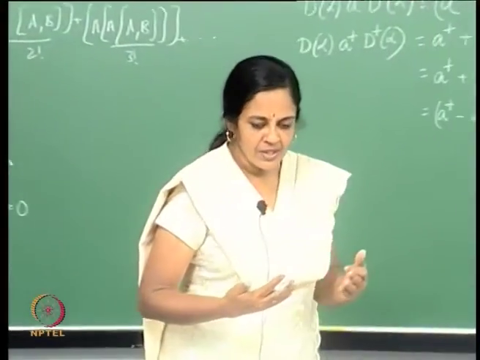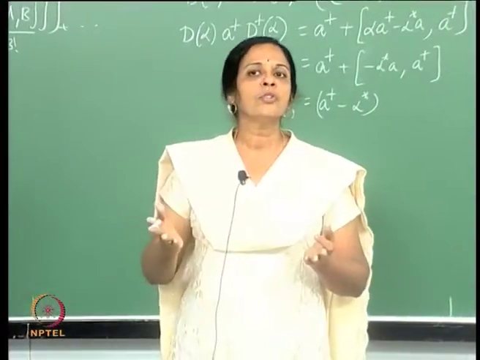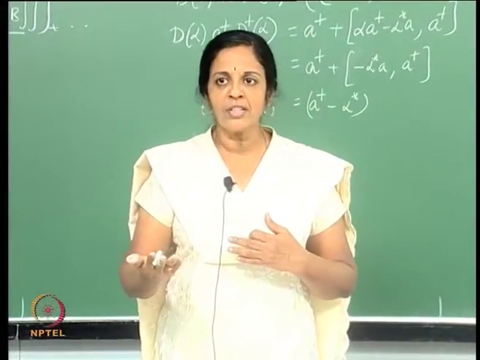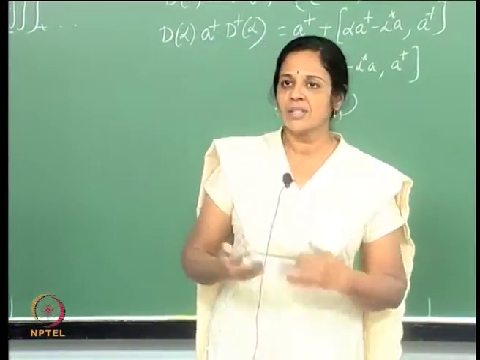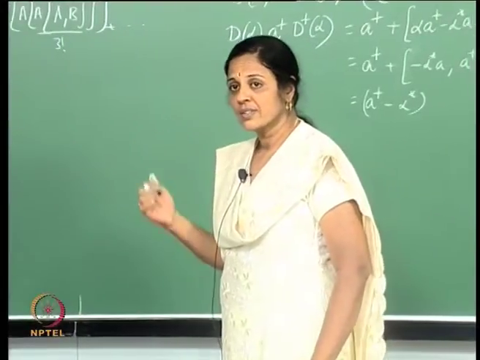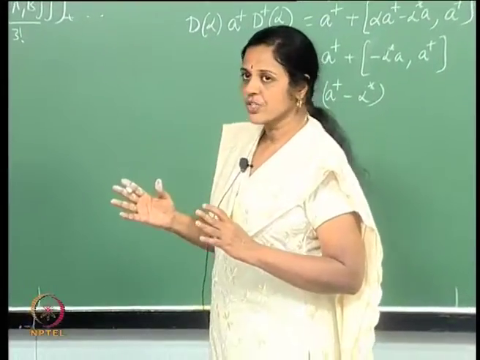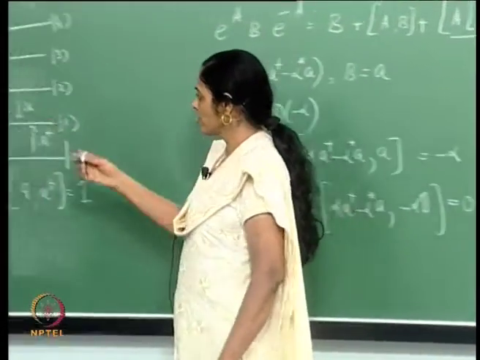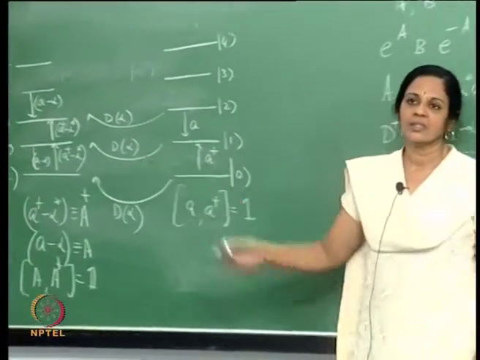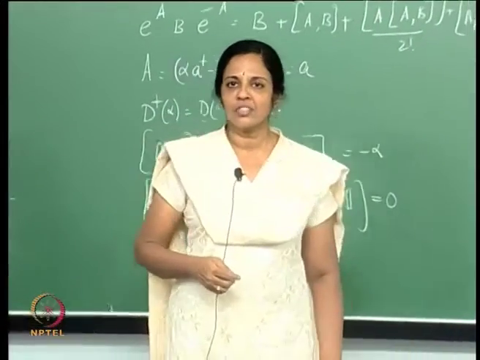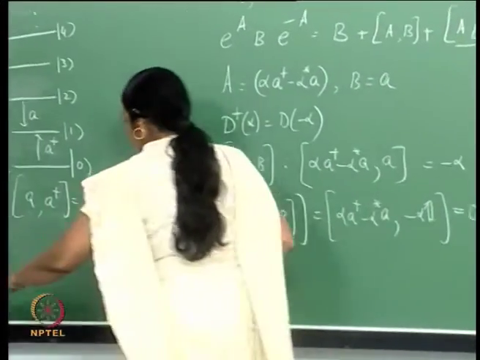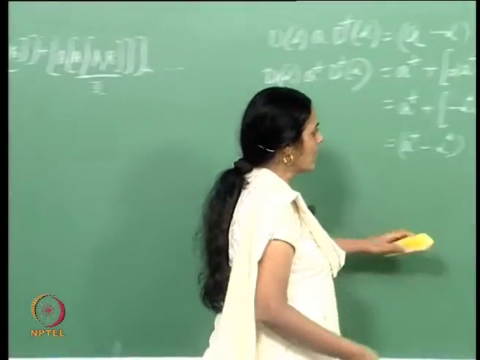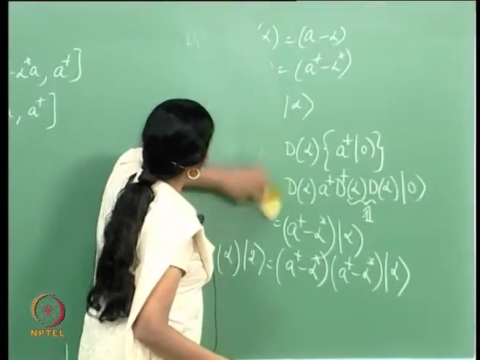The new basis set is also mutually orthogonal, and they are all normalized to 1, each state in the new basis set, as was the old basis set, and the whole transformation on the operators and on the basis set has been brought about by this particular unitary operator D of alpha. While we are at it, it is good to list out another property of D of alpha.